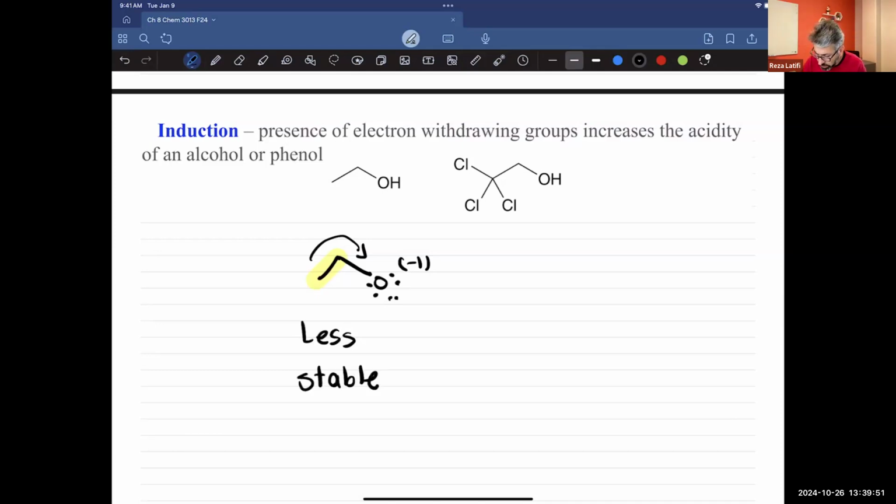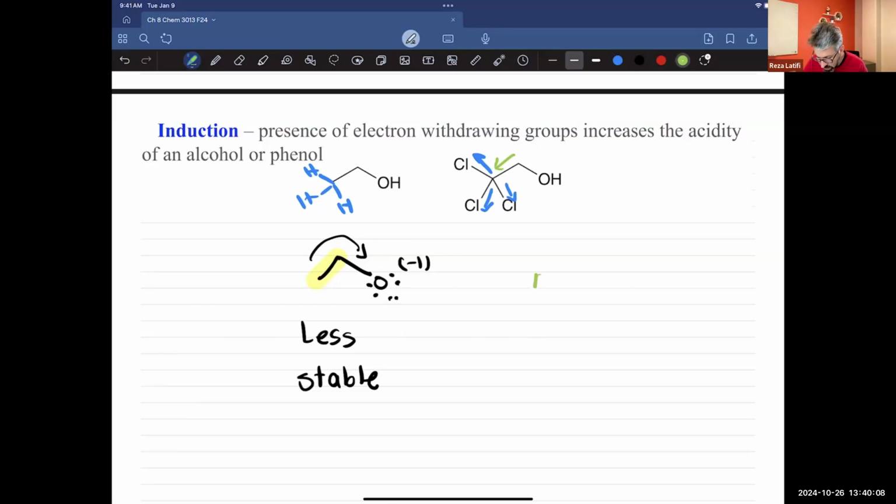But how about the chlorine? If we replace the hydrogens by chlorines, because chlorine has higher electronegativity, it will pull electrons. So instead of giving electrons, we are trying to steal electrons this time and give them to chlorine.